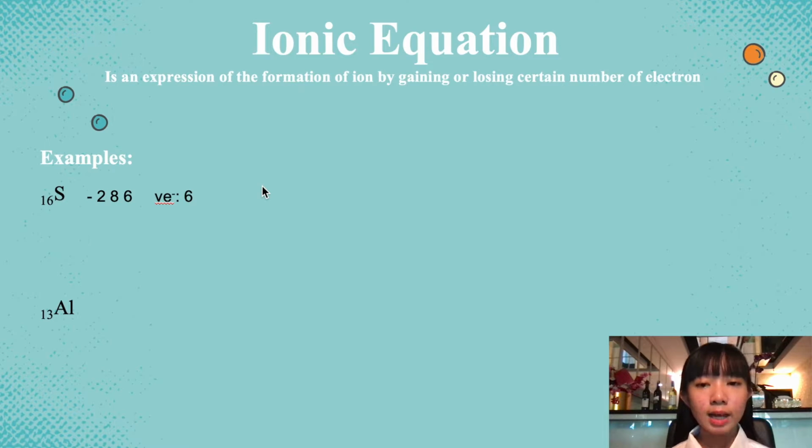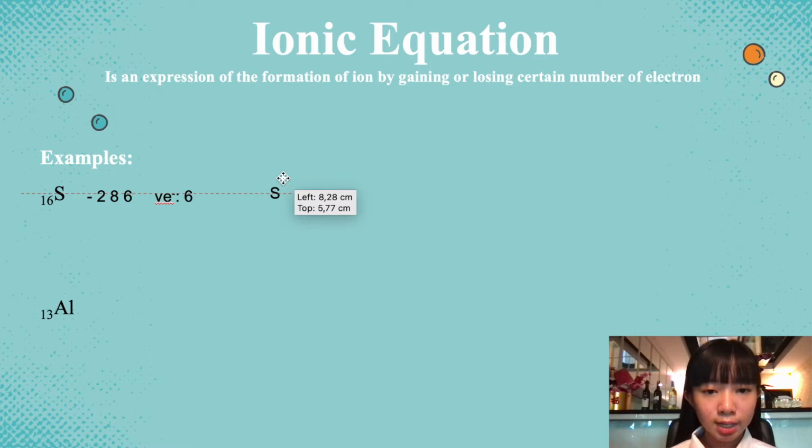The first step is to draw the Lewis dot symbol first. We write down S and we place 6 dots. 1, 2, 3, 4, 5, and 6.